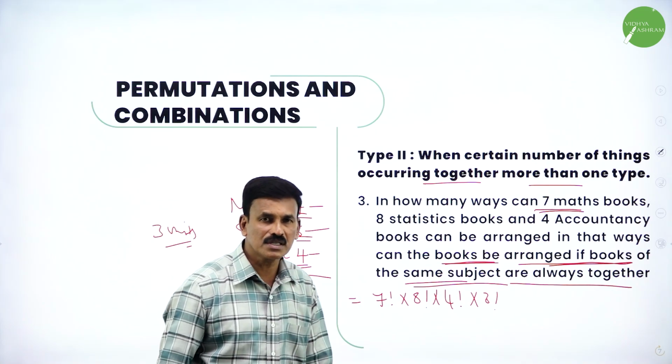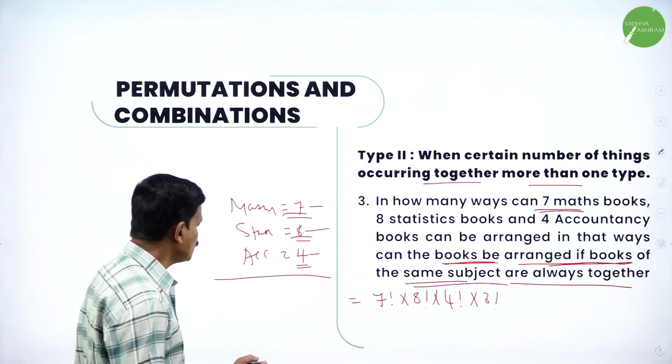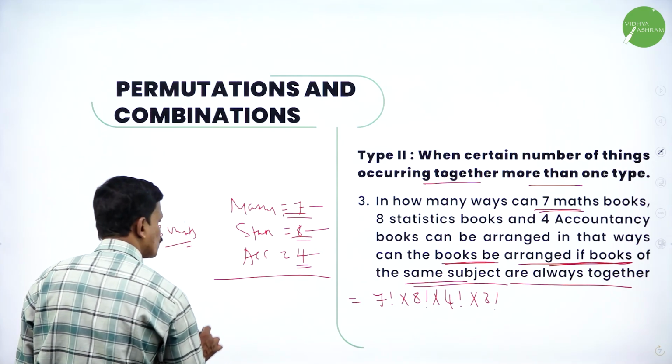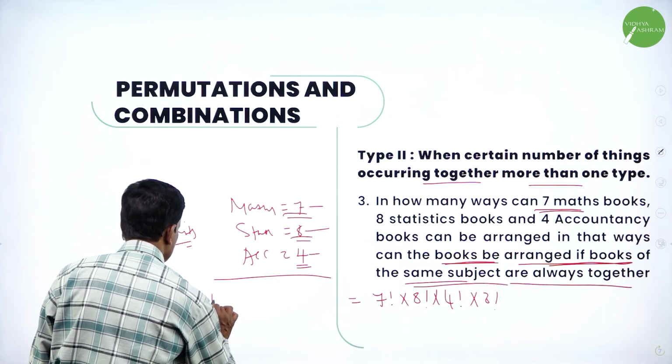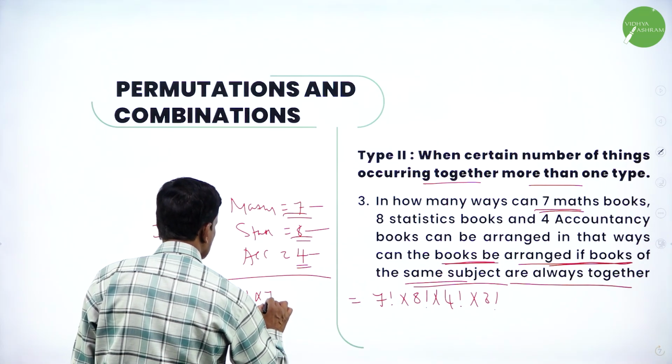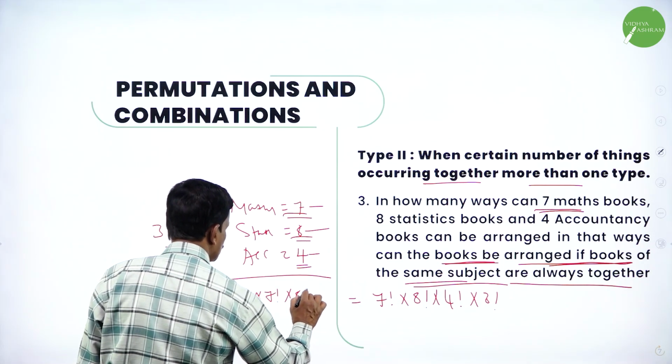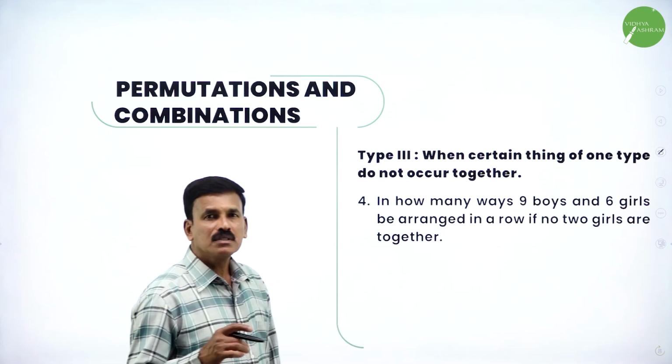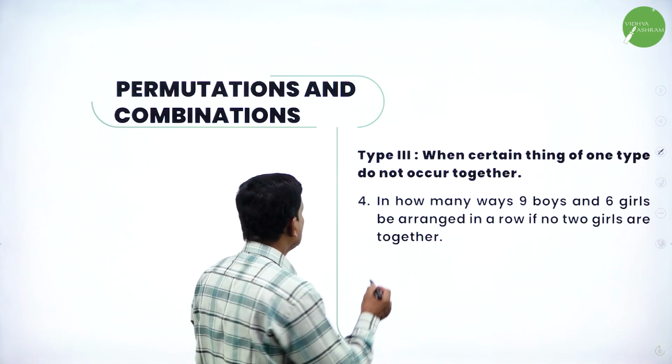Put it in order. Therefore the required permutation is 3 factorial into 4 factorial into 7 factorial into 8 factorial.